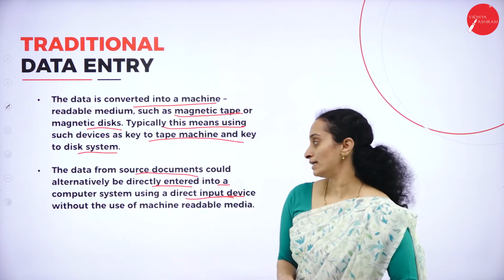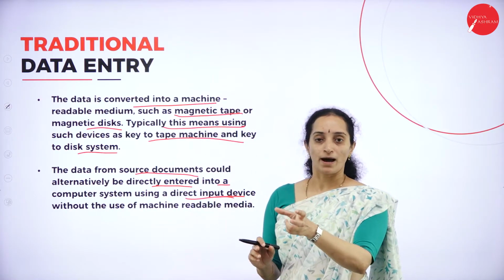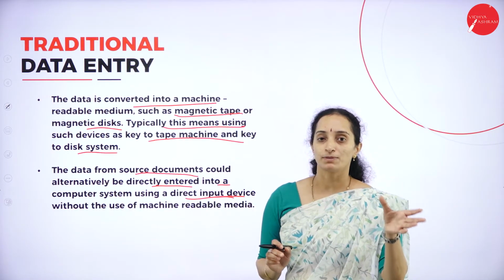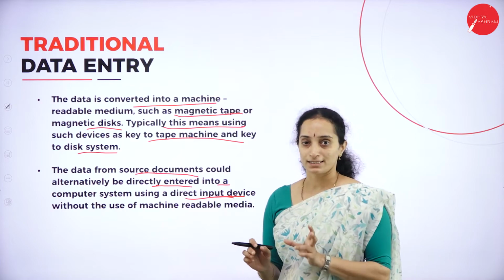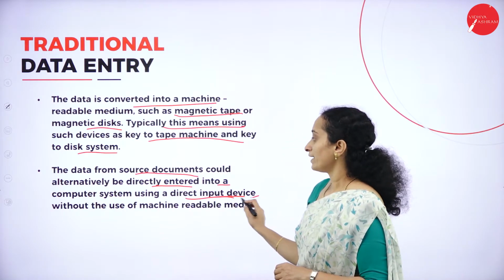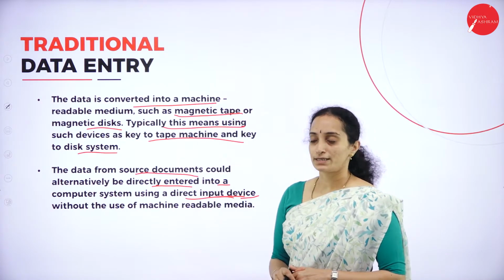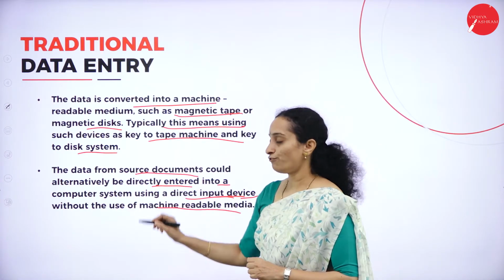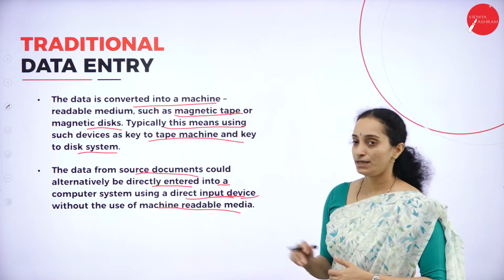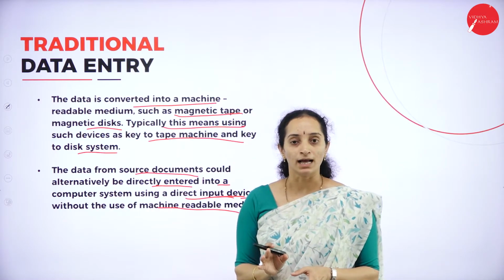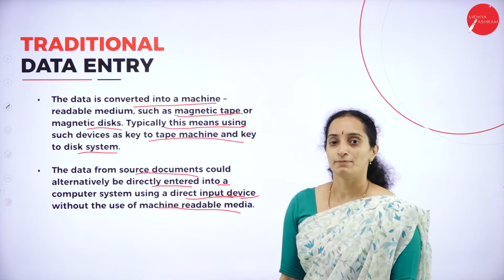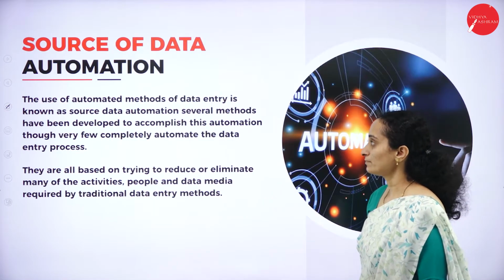If you have a barcode for the product, when you scan the barcode, the details will be stored through the input device, that is the barcode reader. You can directly enter the document details through the input device without the use of machine readable media. We don't need any readable media.